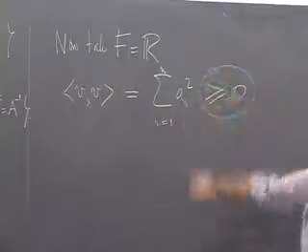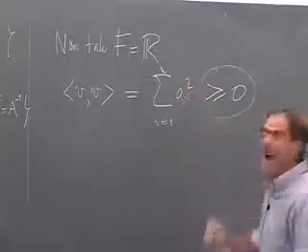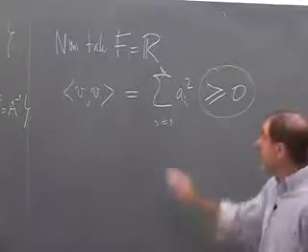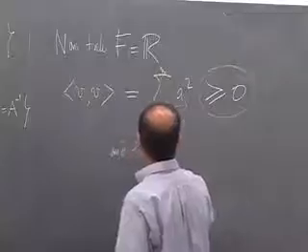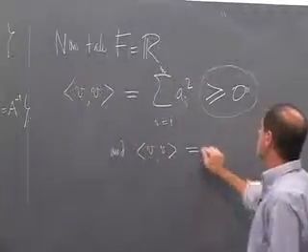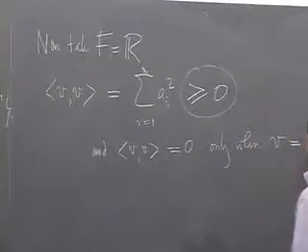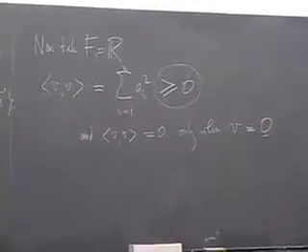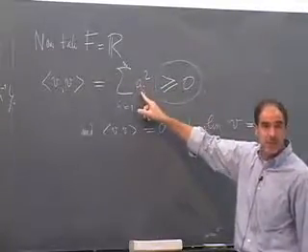You see, this kind of expression makes absolutely no sense in a general field. You can't say whether an element in Z mod 3 is bigger than or equal to 0. But in the real numbers, we have this notion of positive and negative, and all the squares are positive, right? So this sum is bigger than or equal to 0, and (V,V) is equal to 0 only when V is the 0 vector. Because if any coordinate in V is non-zero, this sum is positive.